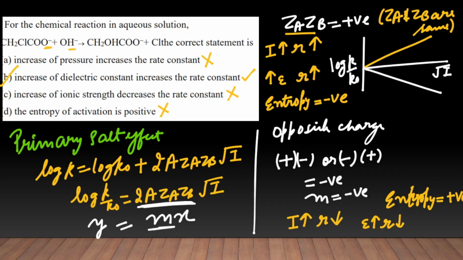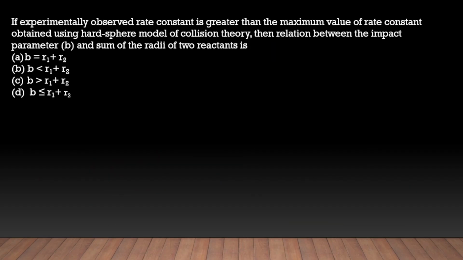Okay. Next one is this question. If the experimentally observed rate constant is greater than the maximum value of the rate constant obtained using the hard sphere model of the collision theory, what is the relationship between the impact parameter and the sum of the radii?